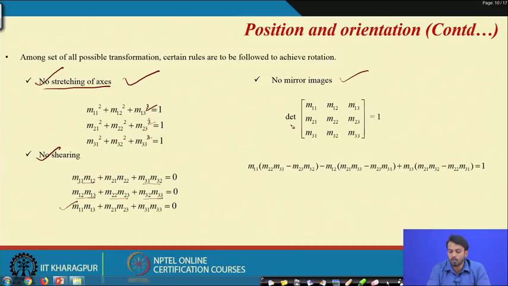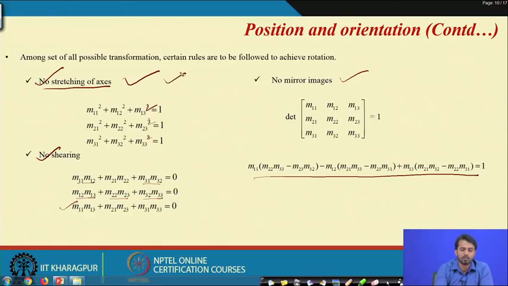For mirror images, the determinant of the transformation matrix should be 1. If you calculate the determinant, it comes like this: m11 into (m22 into m33 minus m23 into m32), and similarly for m12 and m13. These three properties should be maintained for the rotation of particular 3D components: no stretching of the axis, no shearing and no mirror images.